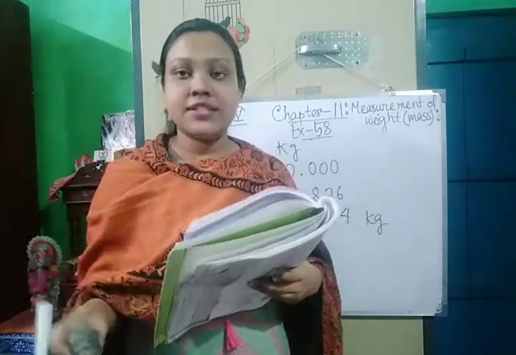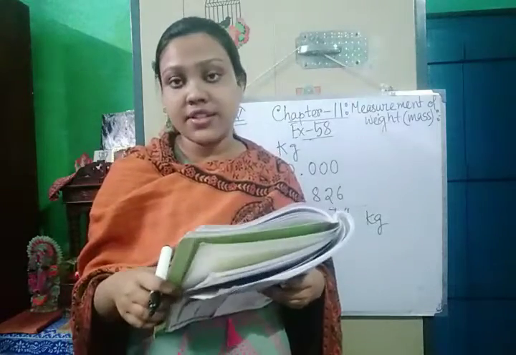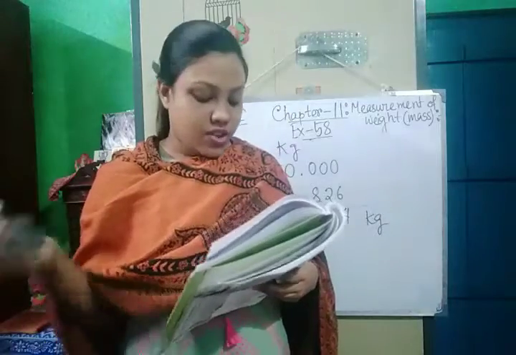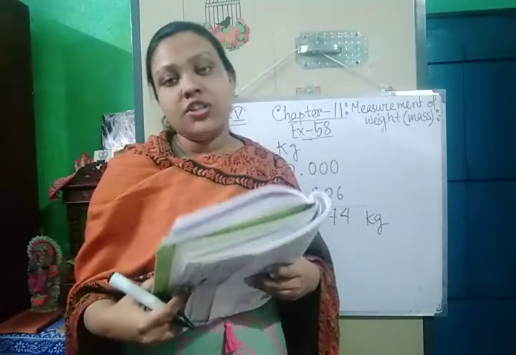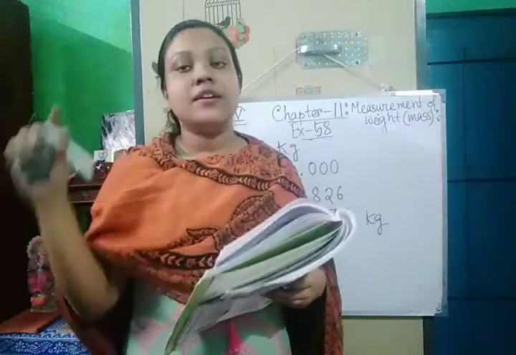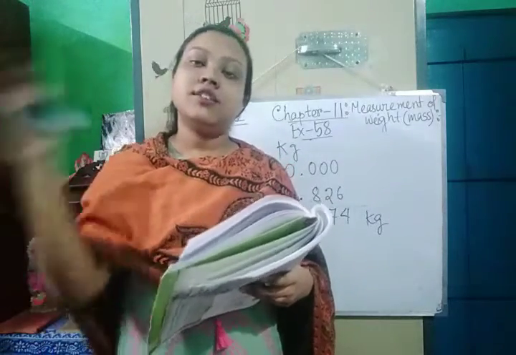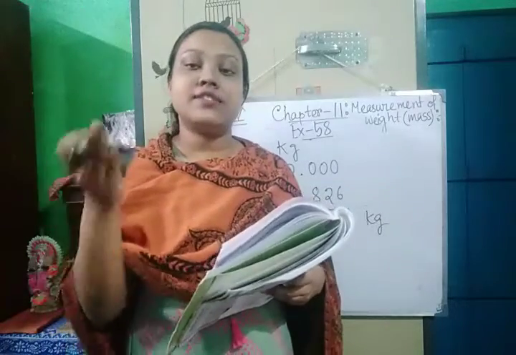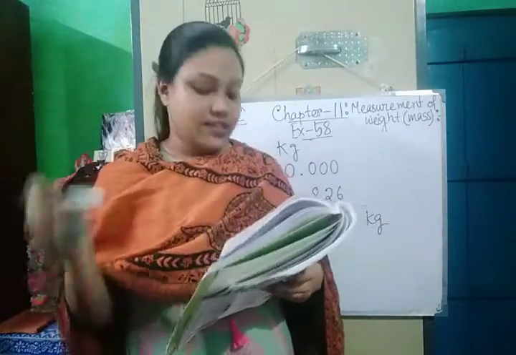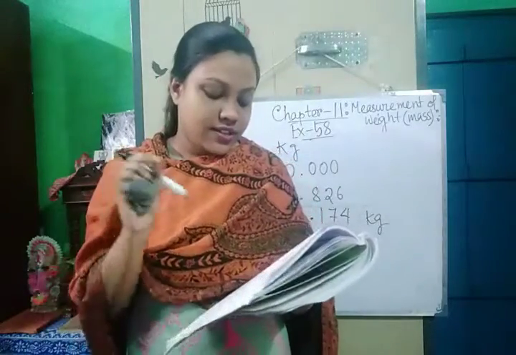Previous weight must be greater than her present weight, because she has reduced her weight, after that she has now 50.970 kg. Her previous weight equals her present weight plus the weight she has reduced.